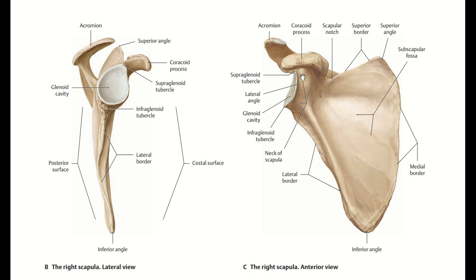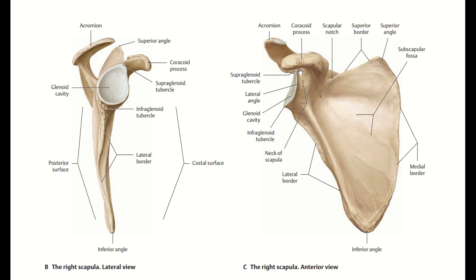Let's take a look at this portion of the scapula, the lateral angle, which forms the glenoid cavity. So the glenoid cavity is actually going to receive the head of the humerus, forming the glenohumeral joint.